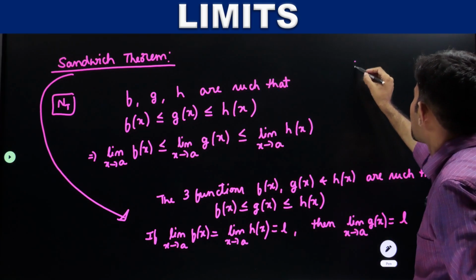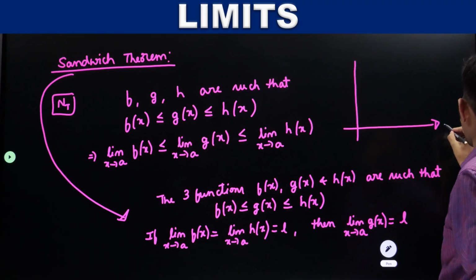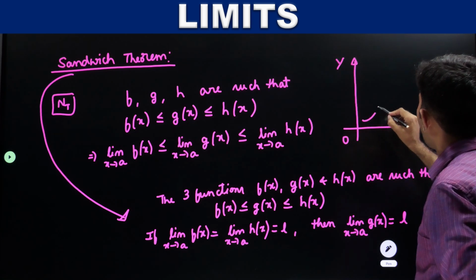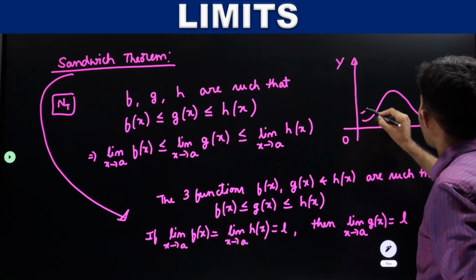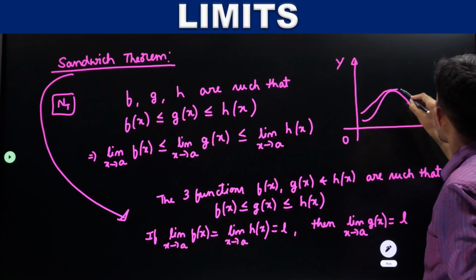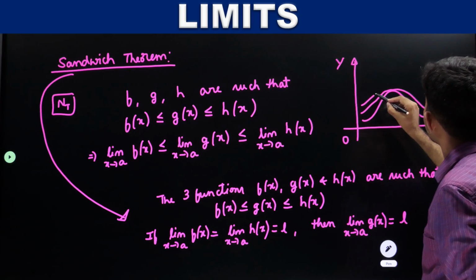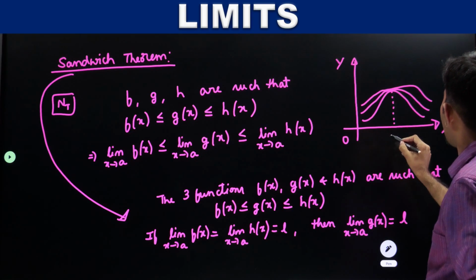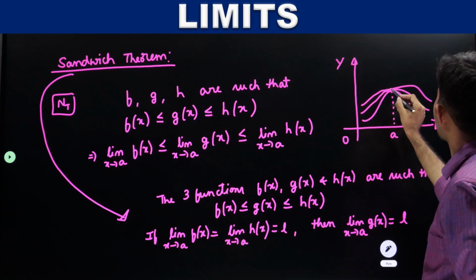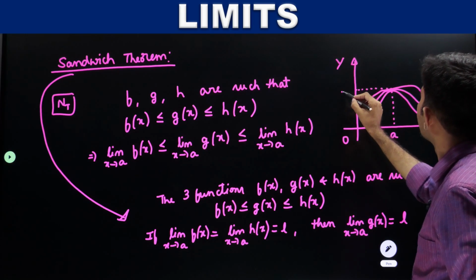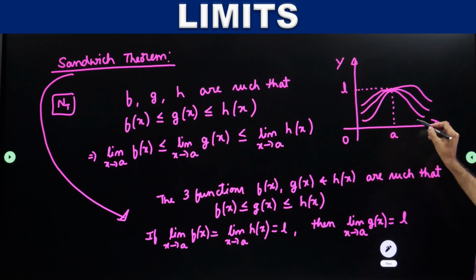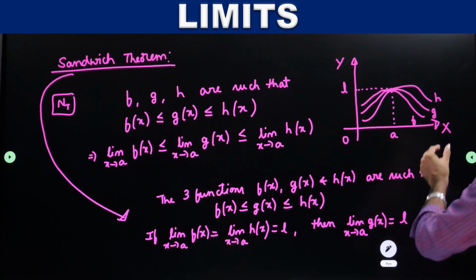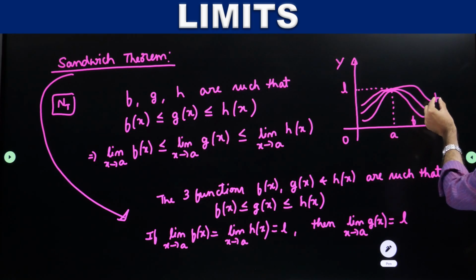You can draw the graph also. Three functions f, g and h satisfy f of x less than or equal to g of x less than or equal to h of x.